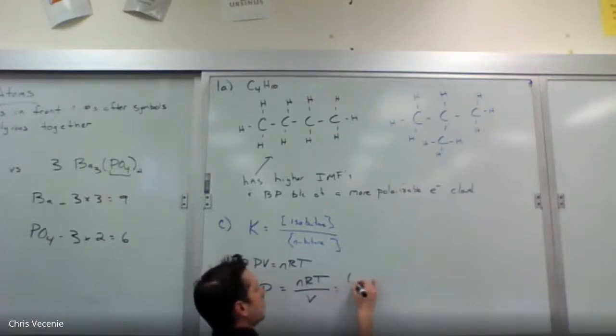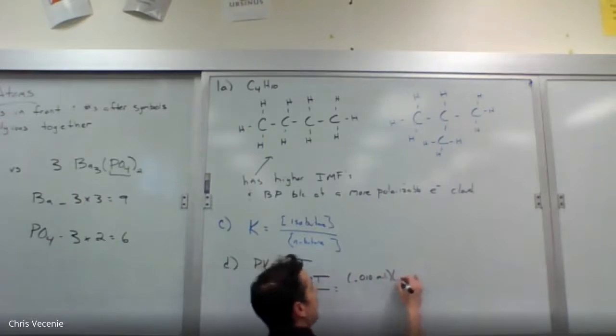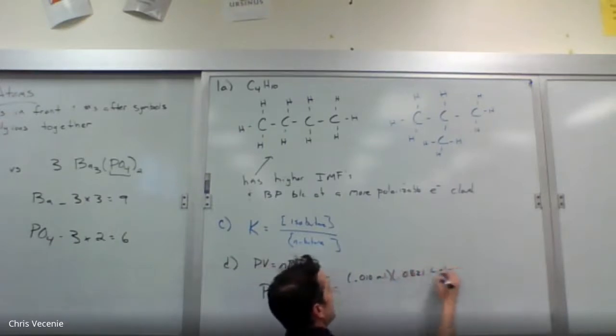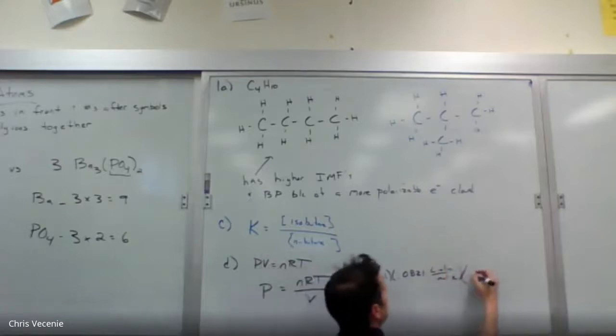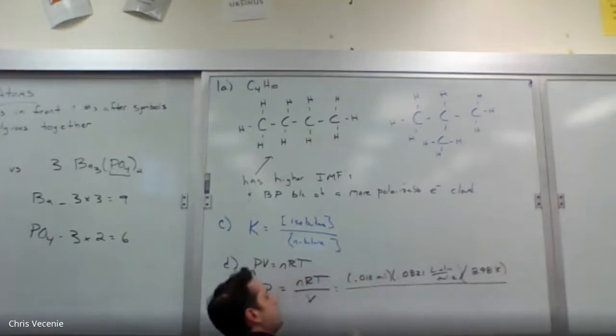They told us our moles was 0.010. Your gas constant R is 0.0821 liters atm per mole Kelvin. The temperature was 25, but remember, temp has to be in Kelvin when you use the 0.0821, and it's a 1 liter container.